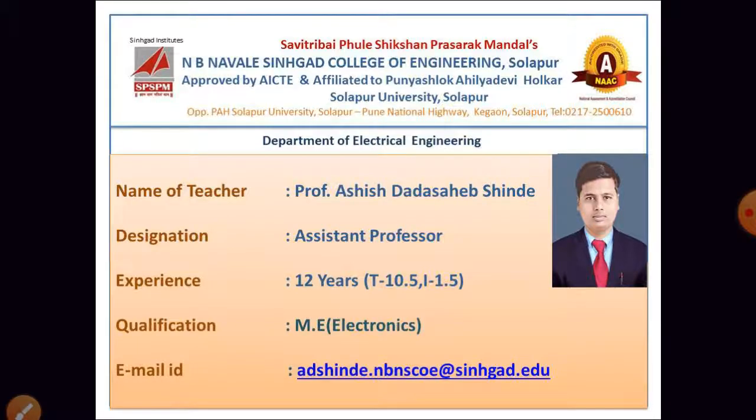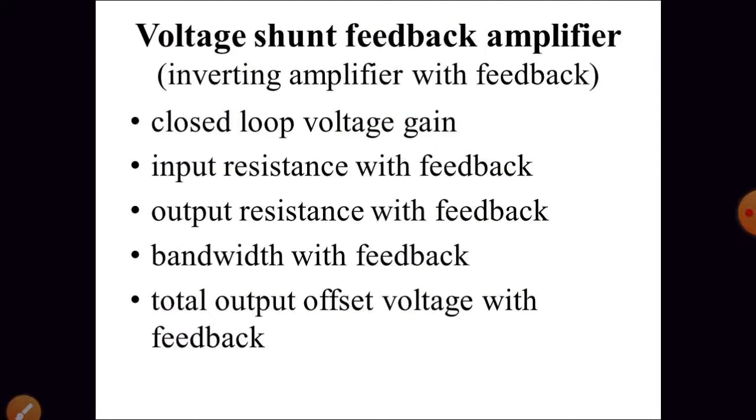Now today we are going to study the next part of the feedback amplifier, that is the voltage shunt feedback amplifier. It is also called an inverting amplifier with feedback.